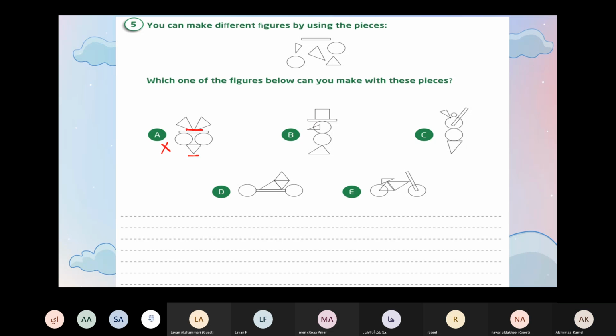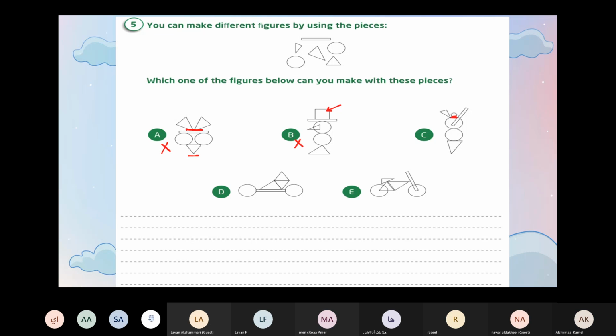And B? The triangle is not that thin. I do not have here any triangles. So, of course, I cannot choose B because I should only use these shapes. Okay, C? For C, we don't have a small circle. We don't have it.